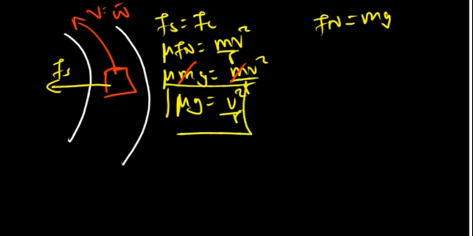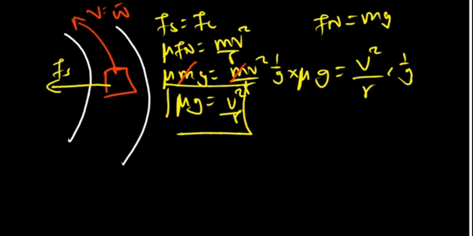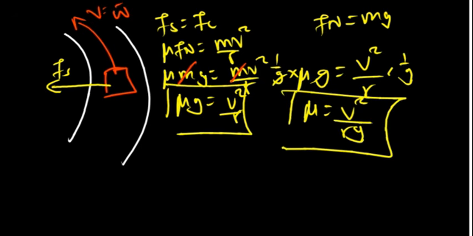If I want to calculate the coefficient of friction, I make mu the subject of the formula. We multiply by 1 over g on both sides, so that g and g cancel. Then mu is equal to v squared over rg. So this is the formula which we can use to get the coefficient of friction.